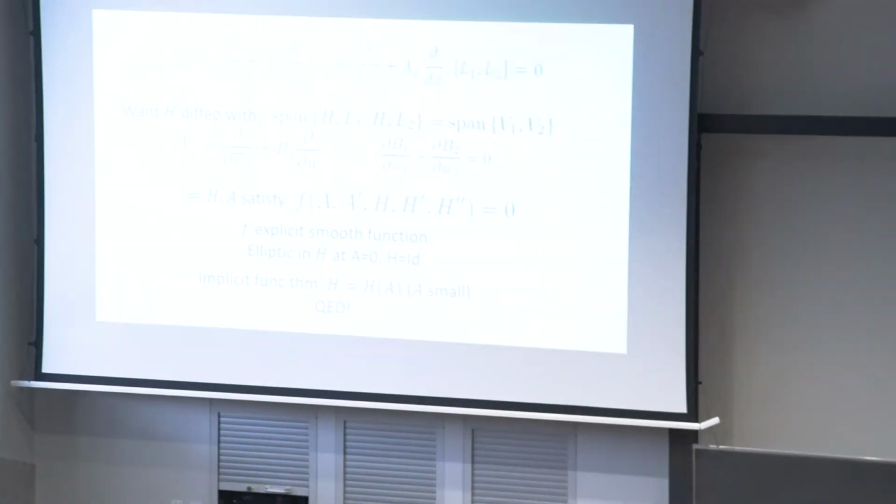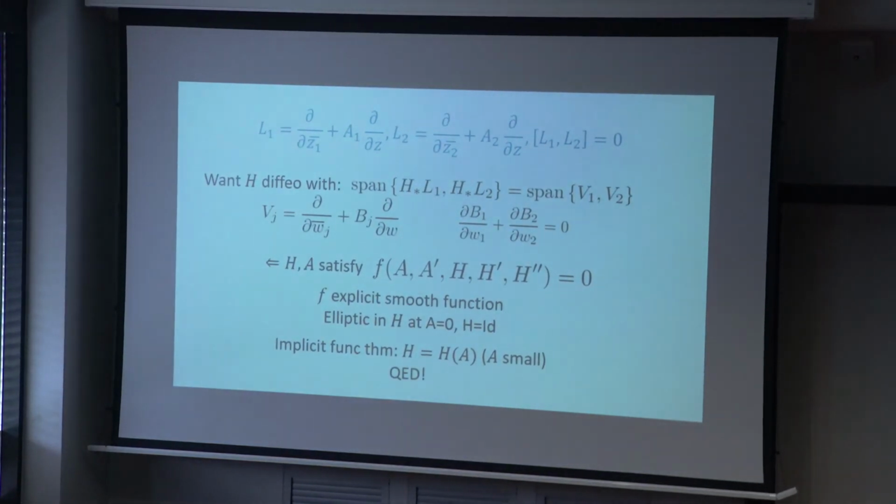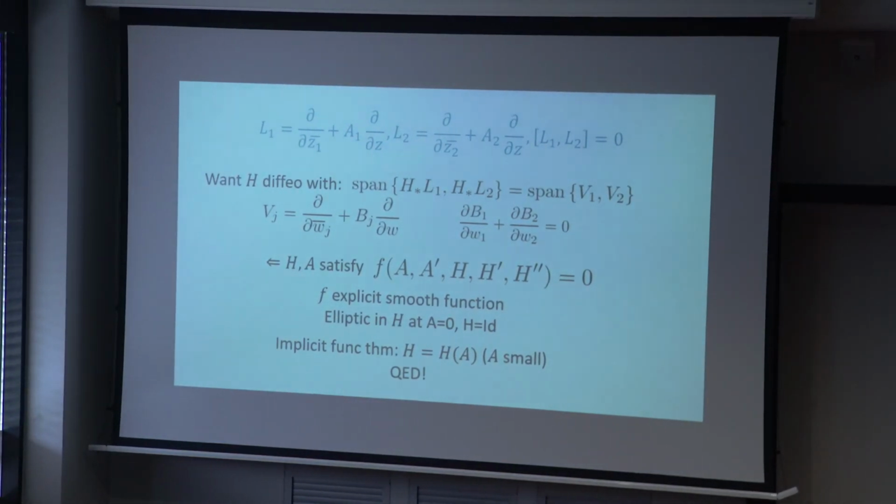And that is exactly the condition you need to apply the Banach space inverse function theorem to solve for H as a function of A, as long as A is small. H will be near the identity. A is small. You can write H as a function of A and have it satisfy this equation. And then you're done. That's the H you needed. So just some abstract inverse function theorem finds the diffeomorphism you need, and everything's real analytic.